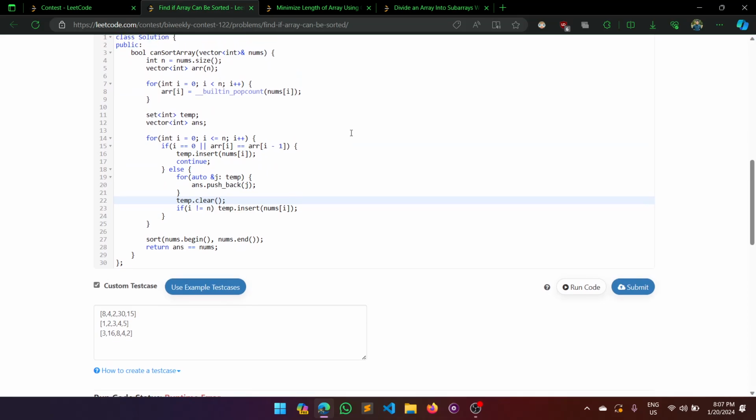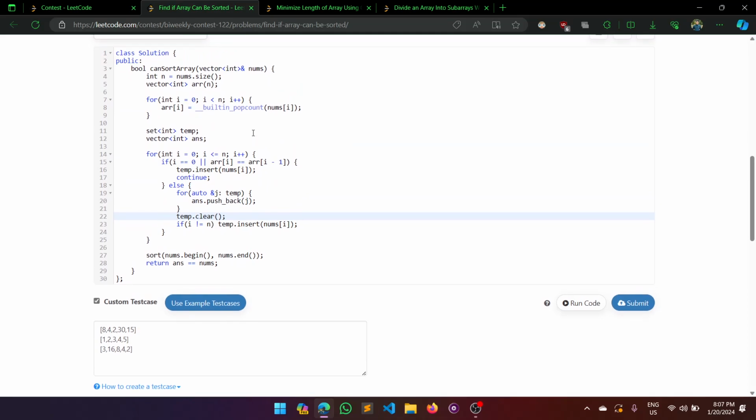It says heap buffer overflow. That means we're trying to access some element which we're not allowed to access. That's fine. We're pushing back into answer. We're clearing the temp.